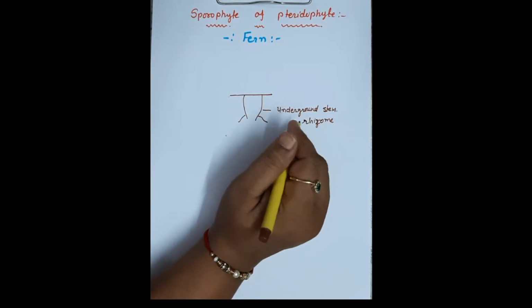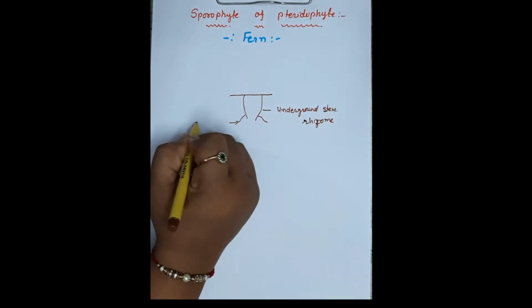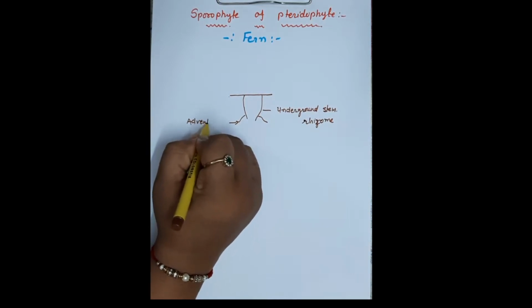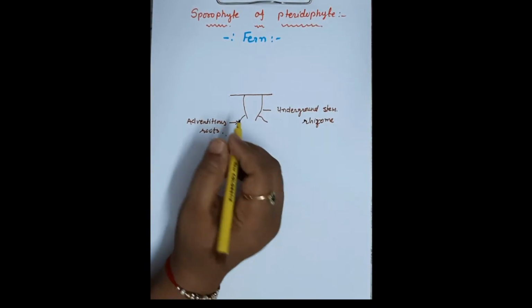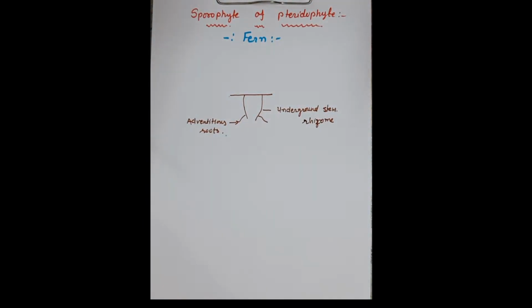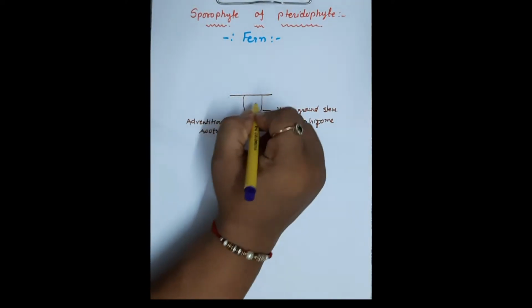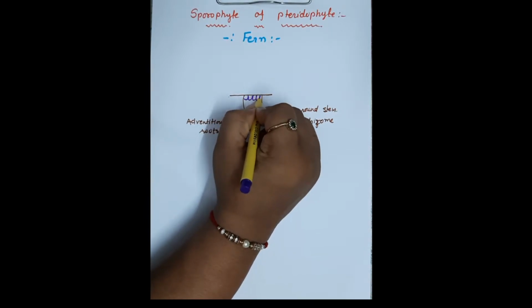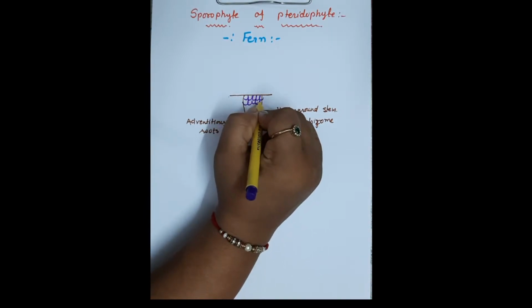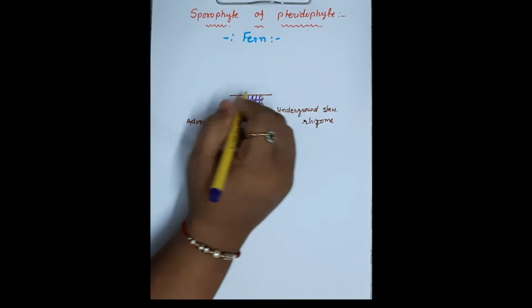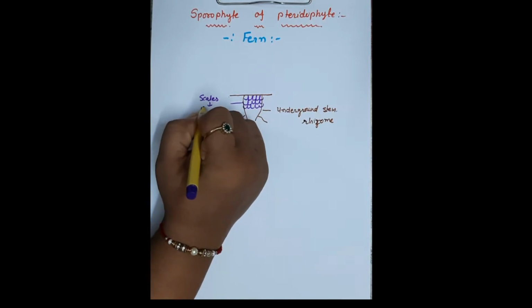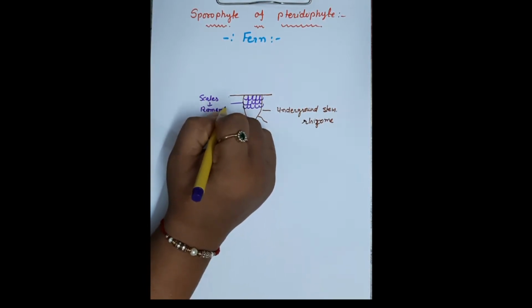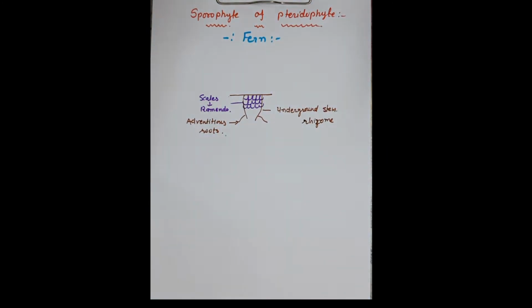Underground stem is known as a rhizome, and these are adventitious roots, right? Now here there are scales, right? So these scales are called ramenta, right?